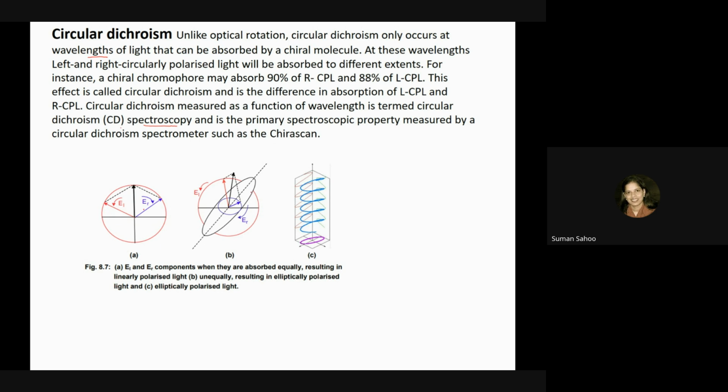In that case, it follows an elliptical path, which gives you elliptically polarized light. In the other case, it goes through a circular path, which results in linearly polarized light when both magnitudes are the same. But if one of the circularly polarized lights, in this case the right, is absorbed more, its magnitude is less compared to the left, so this goes in an elliptical manner.